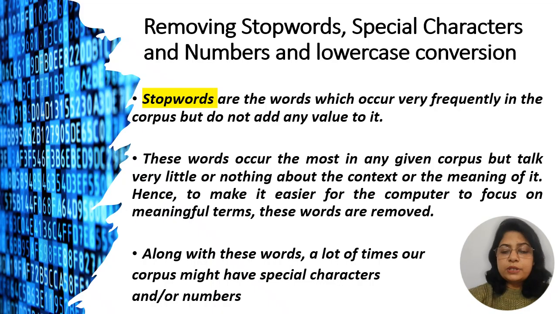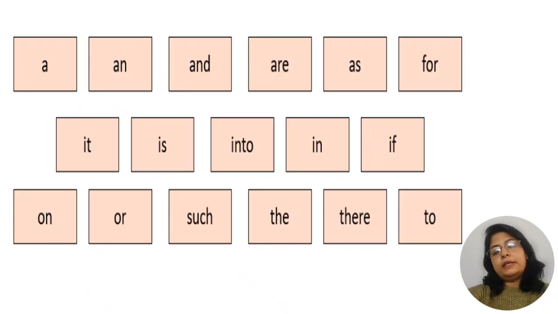So all the different prepositions and articles can be considered as stop words. These are the list of the stop words, and you may have more. A, and, are. These are some of the words which we use to construct our sentence, but they are not very helpful for our NLP. We don't try to interpret anything from these particular words. So these are your stop words. Again, you have to learn the definition of what is a stop word.